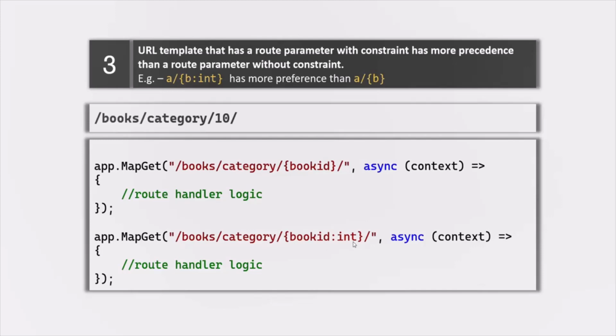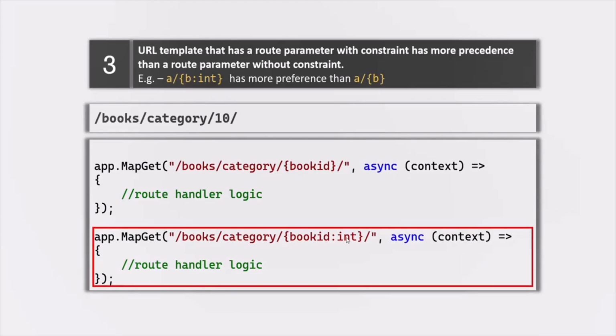Let's say the URL is /books/category/10. Here, 10 is an integer value. So in this case, the second route will be picked up, because on the book ID route parameter we are specifying the route constraint as int. This will get more preference over the first route.